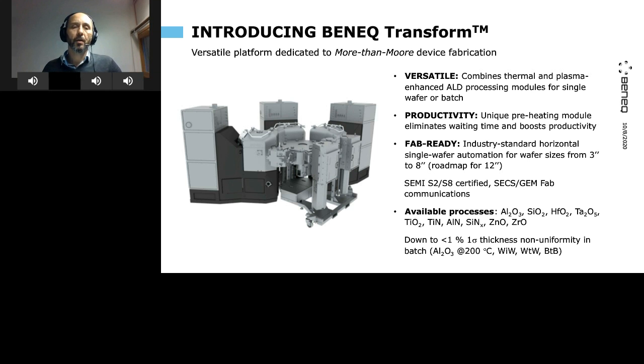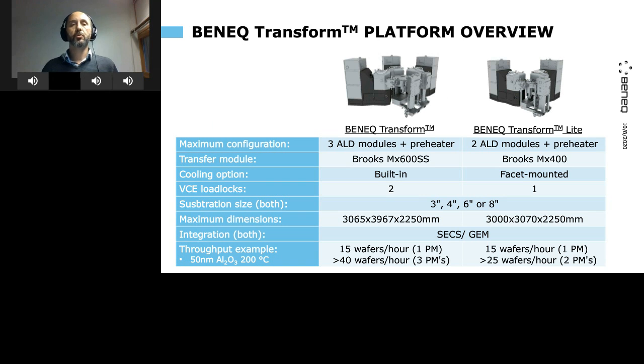Generally, the tool comes with these processes with very good uniformities, less than 1%, 1 sigma, within wafer, wafer to wafer, and batch to batch. I should mention there are 2 versions, a light and a larger one, which gives you more flexibility in the number of modules. If you're looking at a large quantity of wafers, then that's your tool.